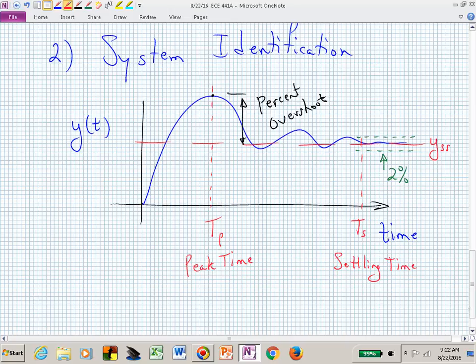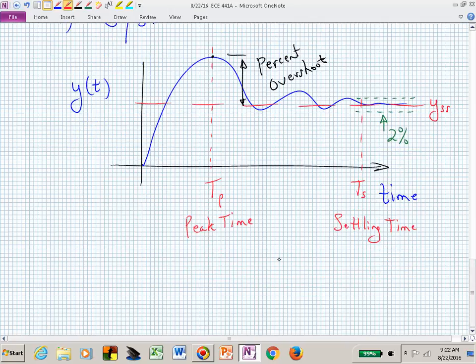With that amount of information, we will actually be able to identify the system, which I might just abbreviate as system ID, and that might allow us to obtain a transfer function that models the system from experimental measurements, from data.